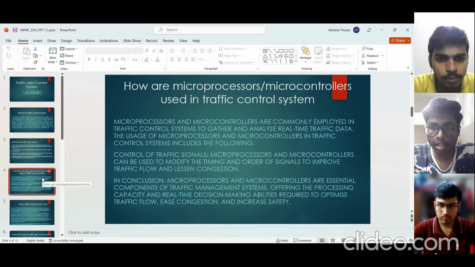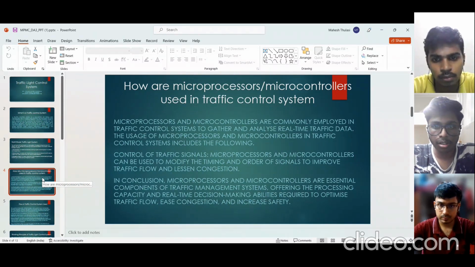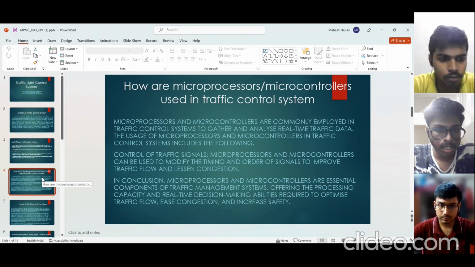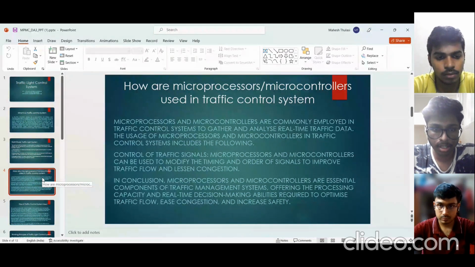Now we will see how we can use microprocessors and microcontrollers in traffic control system. Microprocessors and microcontrollers are commonly employed in traffic control systems to gather and analyze real-time traffic data. We can use them for control of traffic signals, in which microprocessors and microcontrollers can be used to modify the timing and order of the signals to improve the traffic flow and lessen congestion.